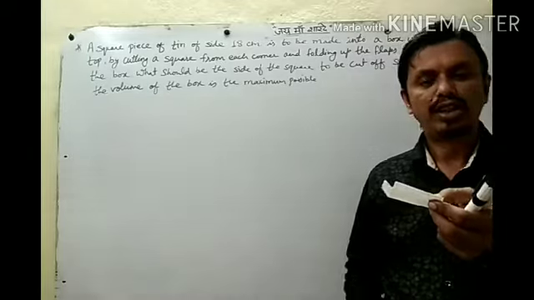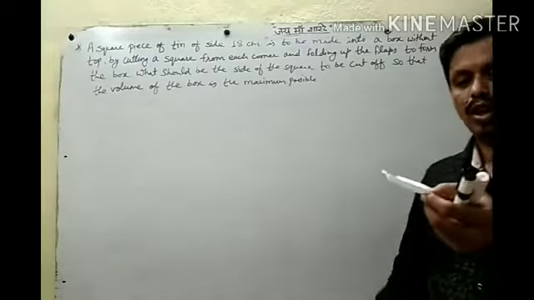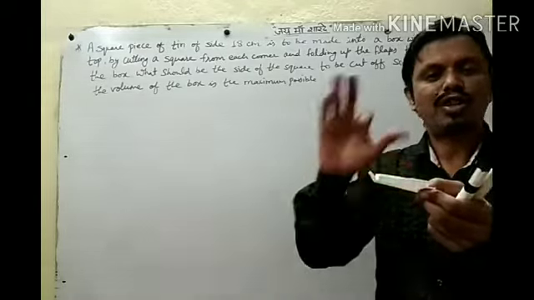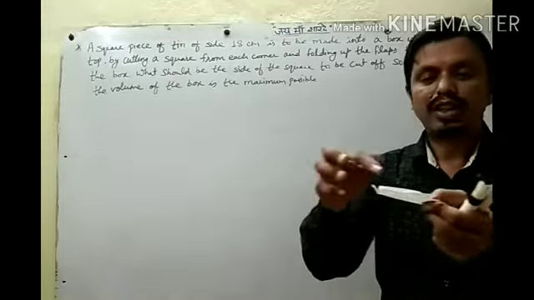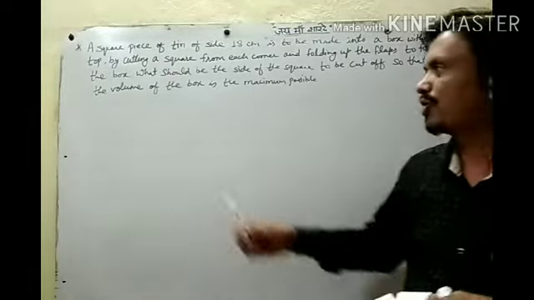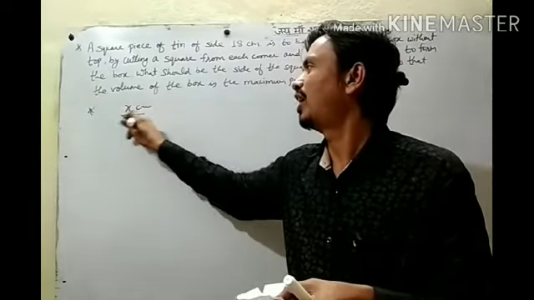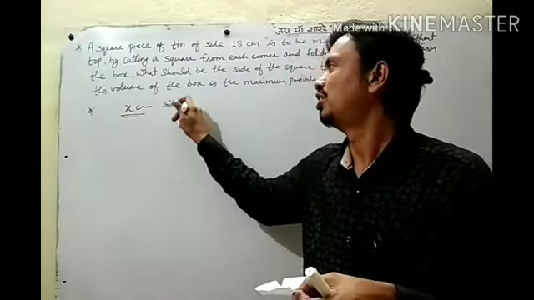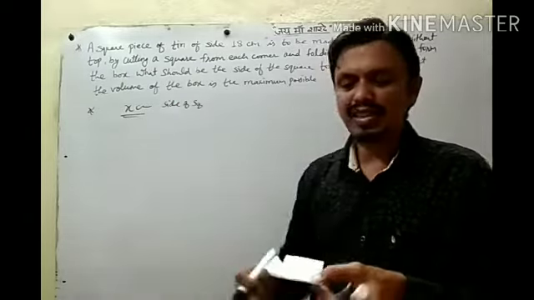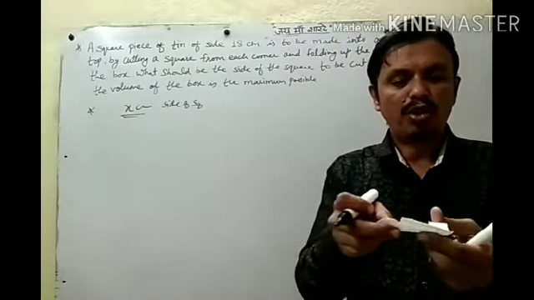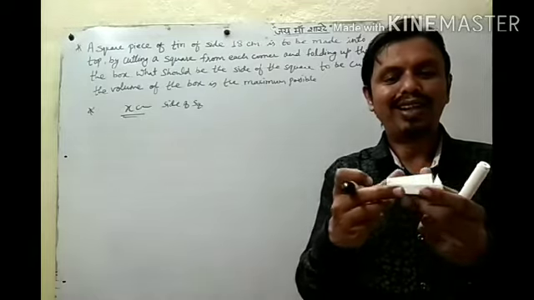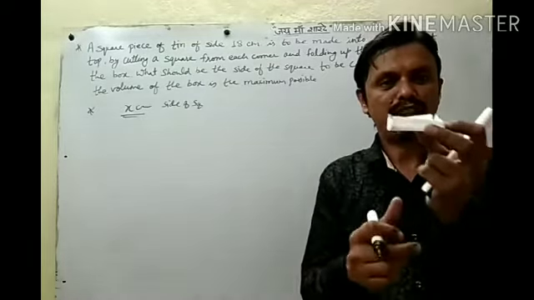Now this total length is 18 centimeter. Suppose the side of the square which should be cut is x centimeter. Then what will be the length of the box we are getting?